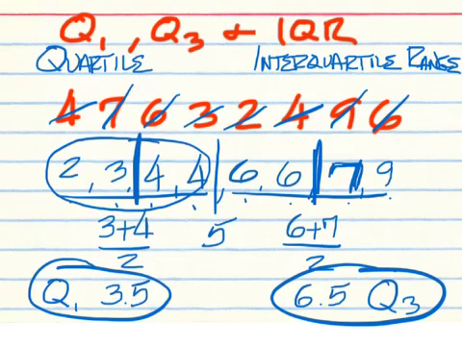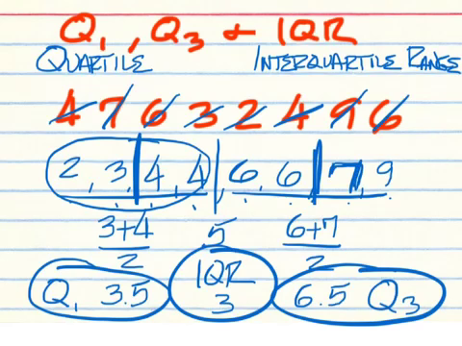Now the interquartile range is the difference between Q1 and Q3. 6.5 minus 3.5 gives us an IQR of 3. Subtract 6.5 and 3.5 to get IQR of 3.